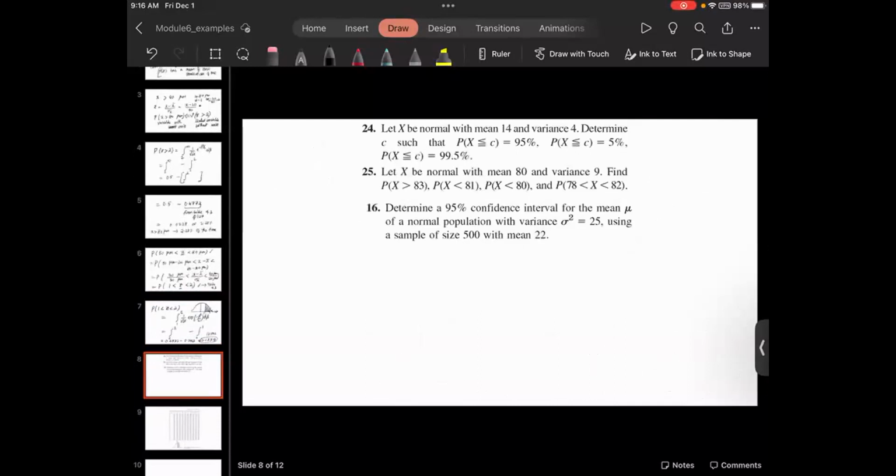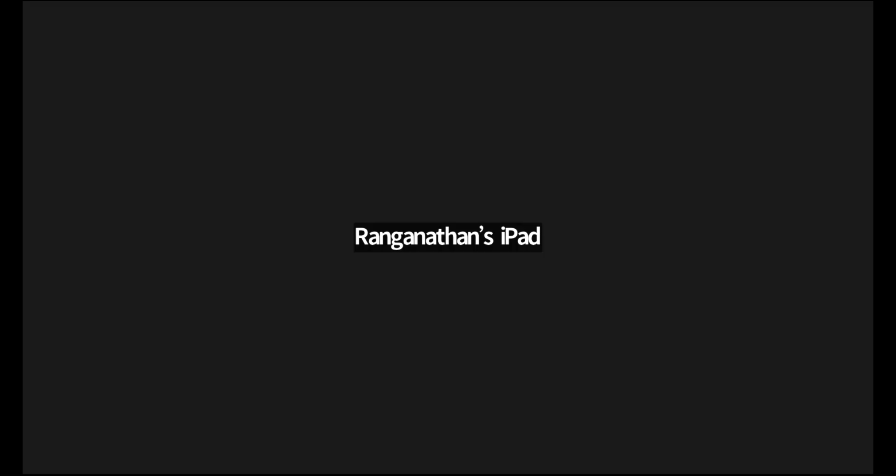If you see problem 24 here, let x be a normally distributed variable with a mean of 14 and variance sigma x squared of 4, or sigma x is 2. Always, variance is nothing but standard deviation squared.